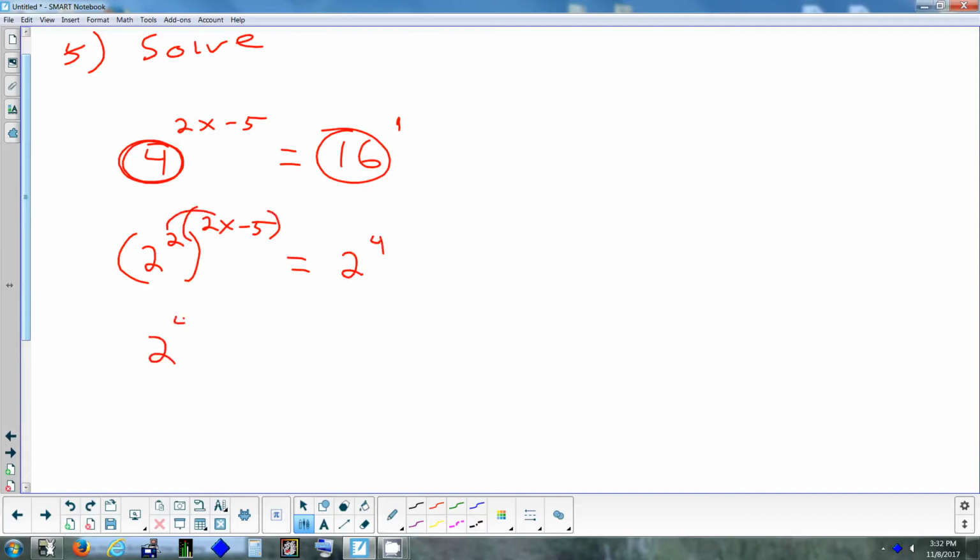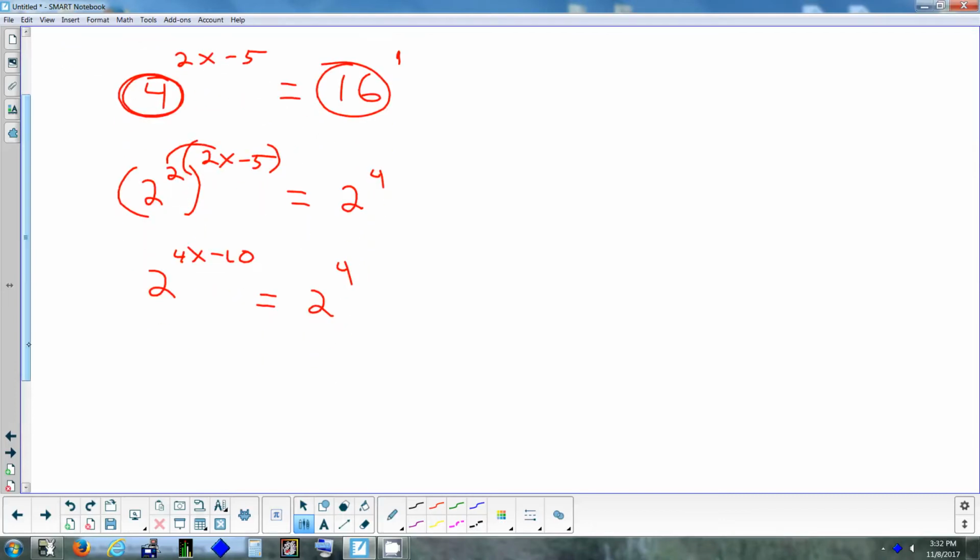So that's 2 to the 4x minus 10 equals 2 to the 4. So now you've made the bases match. What else has to match? The exponents. Yeah, the exponents. So make that equal to that.